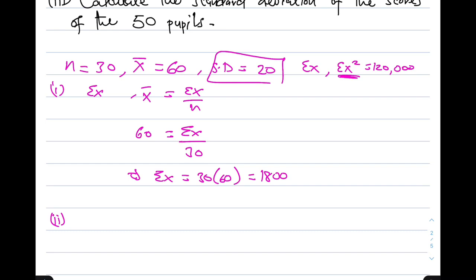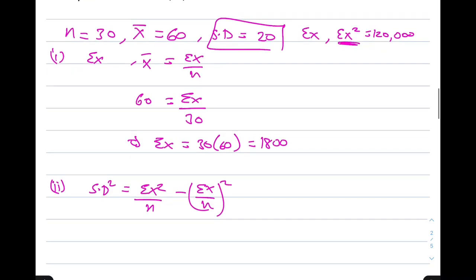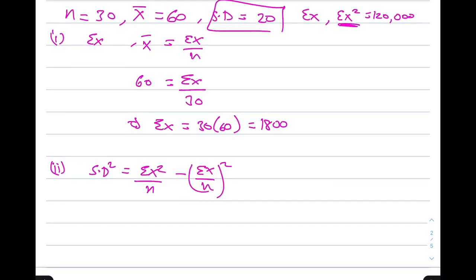The standard deviation squared is the value of the variance, and the variance is given as this. So now we can put the standard deviation there, that's 20 squared. Then we have sigma x squared over n, n is 30, minus the mean. We know the mean is 60 from the question. So we have something like this.